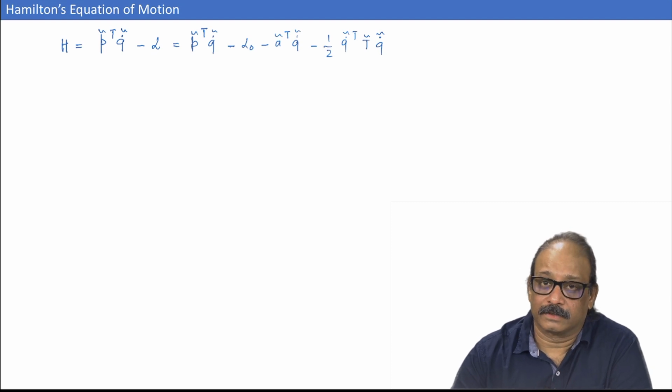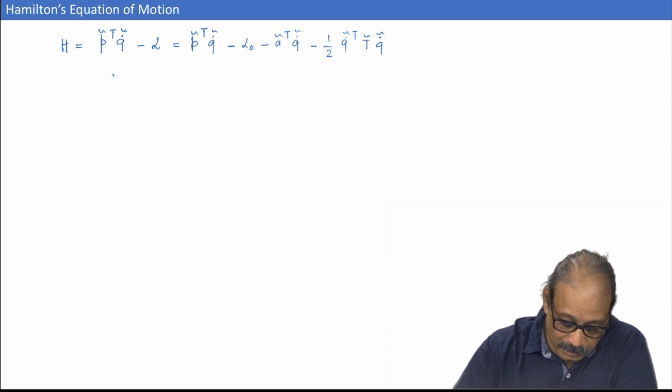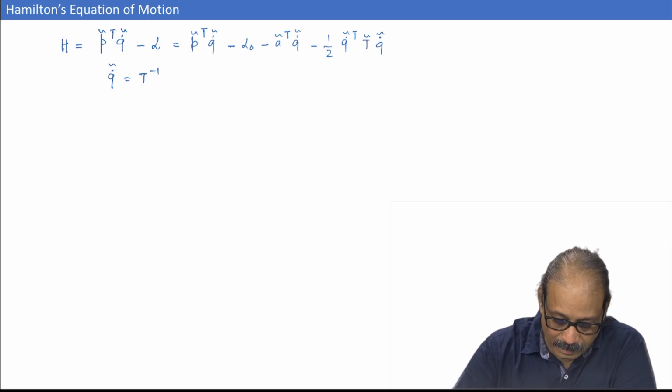Okay. Now, substitute Q dot again, Q dot tilde was nothing but T inverse into P tilde minus A tilde.